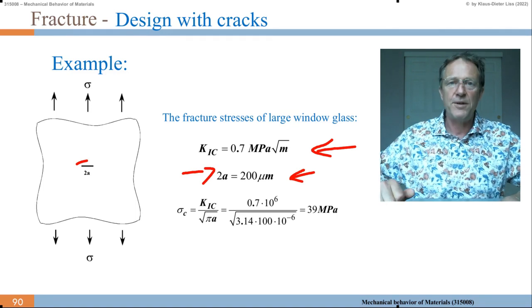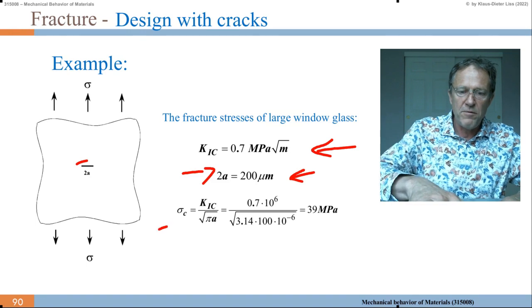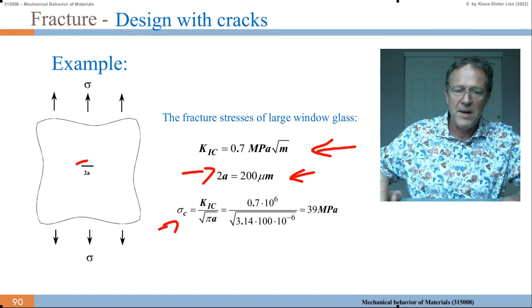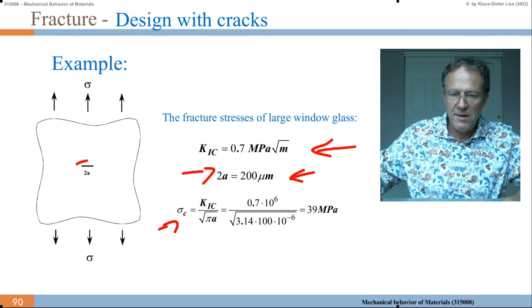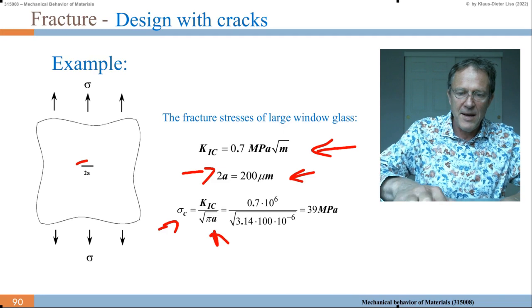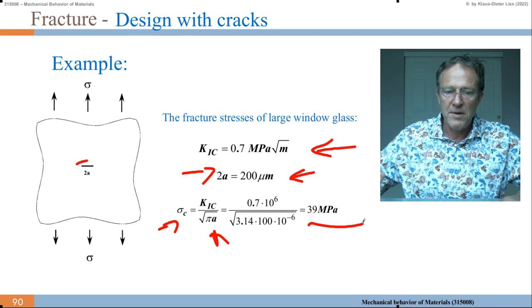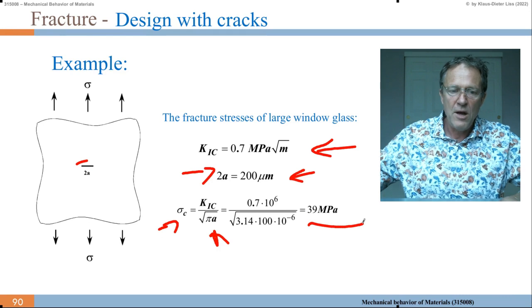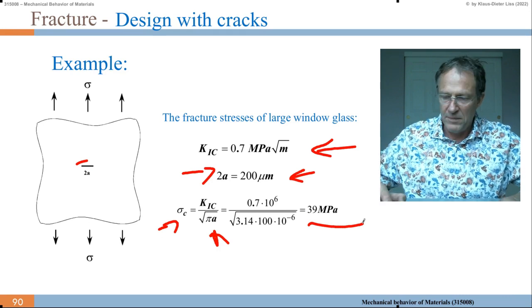What is the allowed stress you can apply? So solve the formula for sigma c, which becomes K1C divided by square root pi a. So you have all the parameters, all the numbers available, and you get 39 megapascal. So with 39 megapascal or lower than 39 megapascal, you're safe.